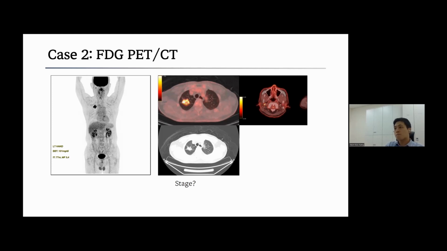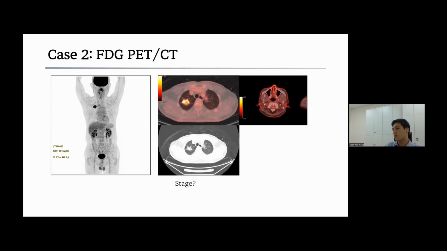The right carotid lesion is considered to be a primary carotid tumor, such as Warthin's tumor. And no other possible metastatic lesions are observed. Tumor size is between 3 and 4 centimeters.